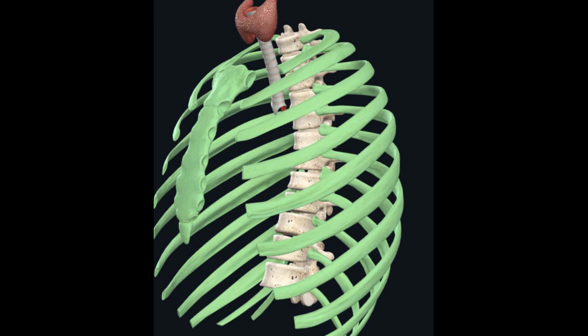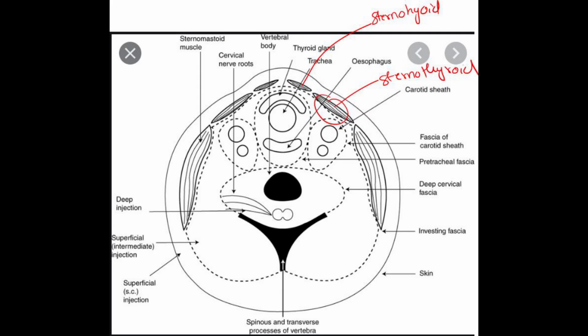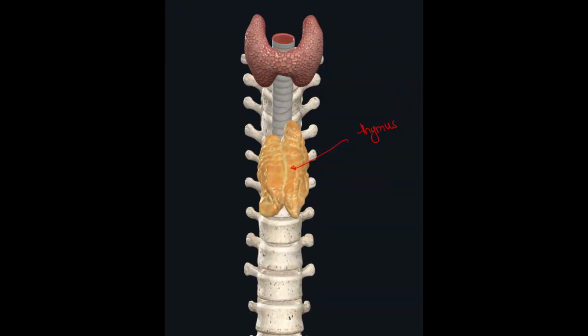So that is the relation of the bone. Moving on to the relations with the muscle, anteriorly we have again the sternohyoid and the sternothyroid. With the organs, we have the thymic remnants. We don't have the thyroid here this time.